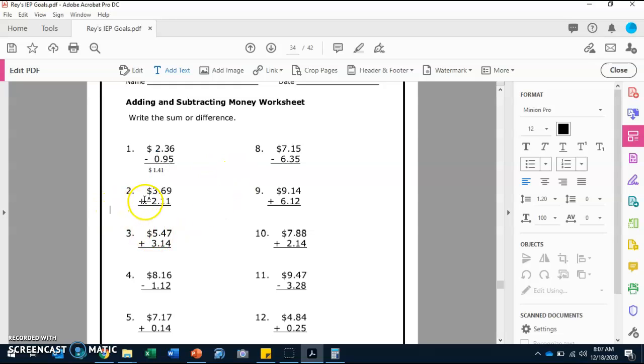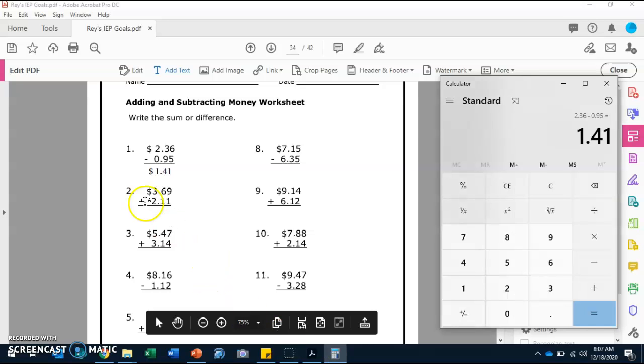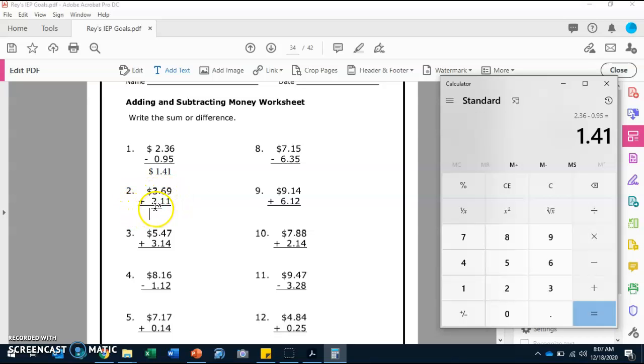So now if we go to number 2, let me make this a little bigger. In number 2, are they asking to subtract or to add? Yes, good job. They had $3.69, then they added $2.11, and they want to know how much money they have in total now.